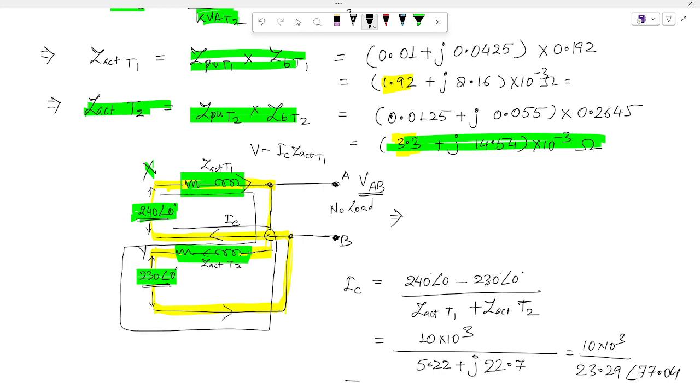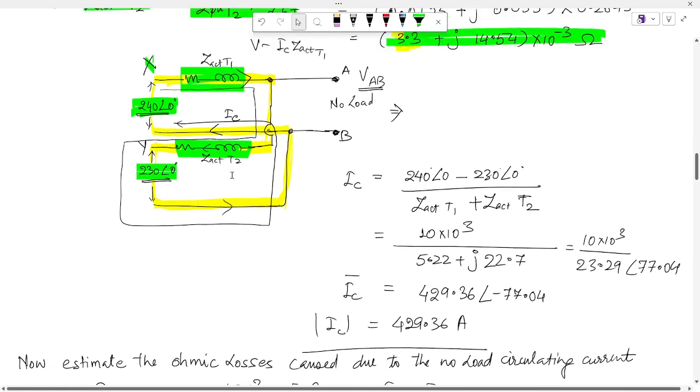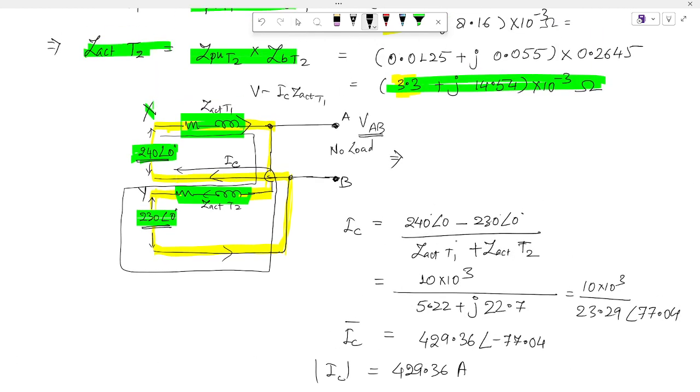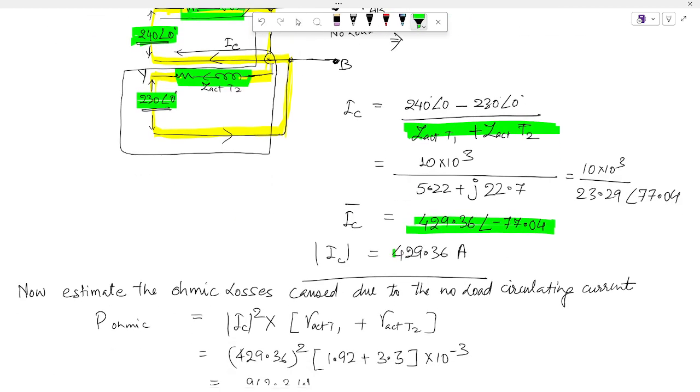This will be the circulating current represented by IC. So IC will be 240 angle 0 minus 230 angle 0, divided by the summation of both the impedances. So we get IC with a magnitude of 429.36 amperes.